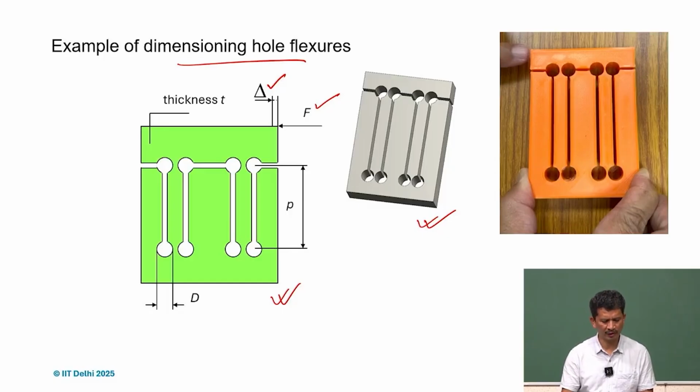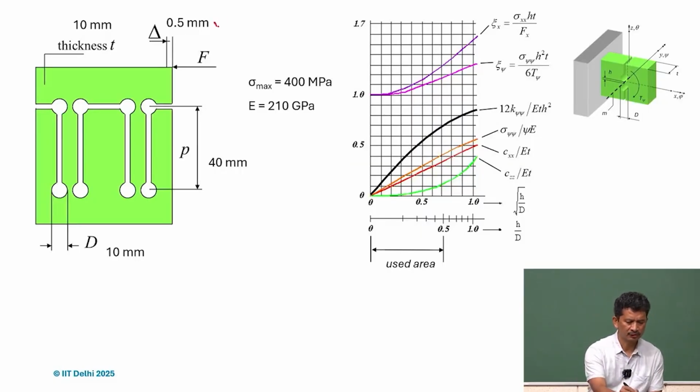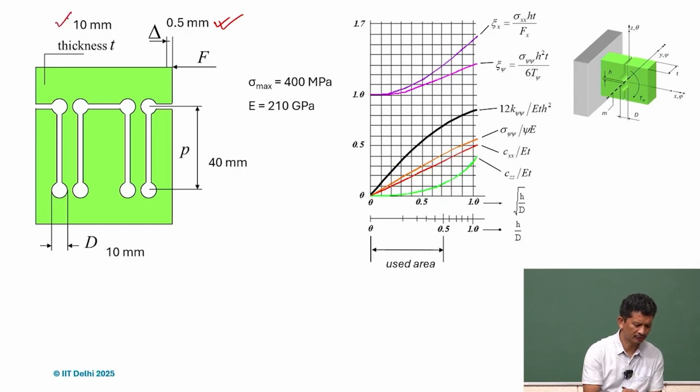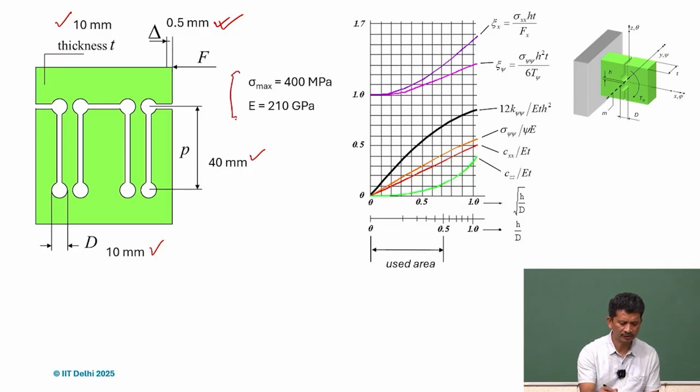Suppose we have to design this kind of stage or flexure mechanism, so for instance this is what is required. The displacement is 0.5 millimeter and some dimensions are given, like the thickness, the diameter and the length of the link, the effective length P. We have chosen the material, for instance, and this is also provided.